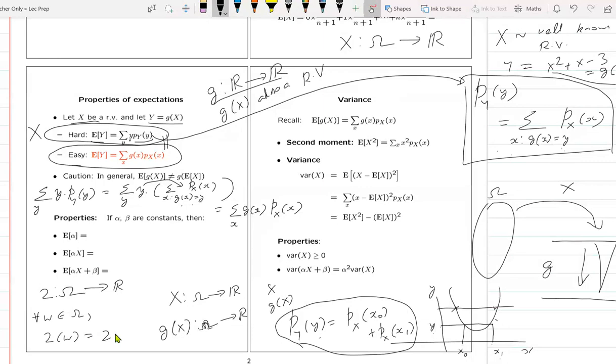We will call that particular random variable a constant random variable. It's always a constant, it just maps everything to that number 2. As a simplifying notation, we will call that random variable also 2.